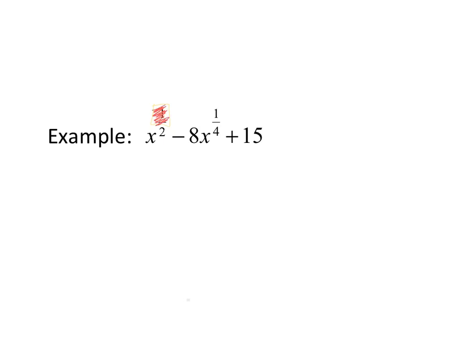If this was just x squared and this was just plain old x, right? If those weren't there, if it was just a simple factoring problem, every one of you would say this is x minus 3 and x minus 5. Okay? You know how to factor a trinomial. That's not the point of this lesson.